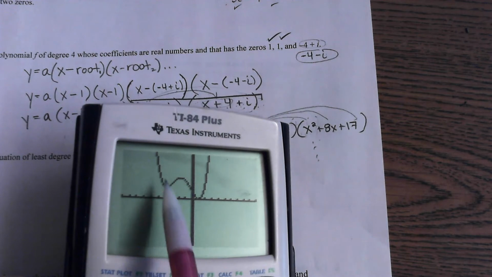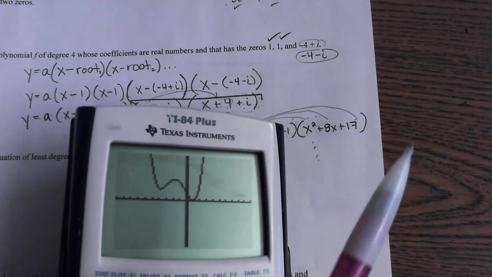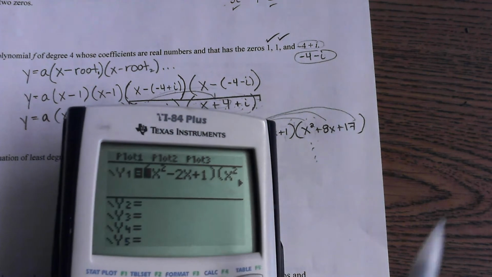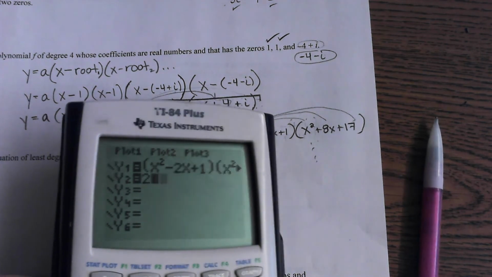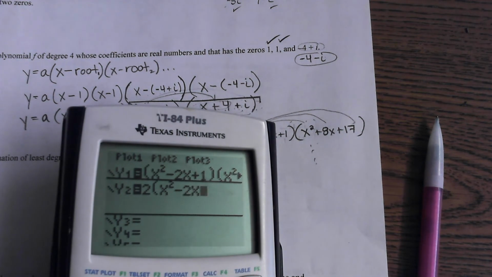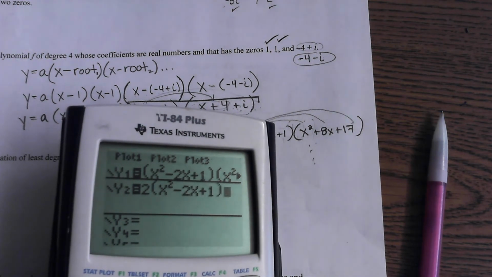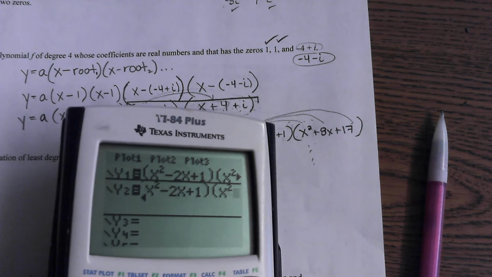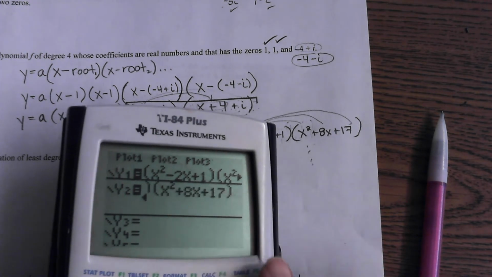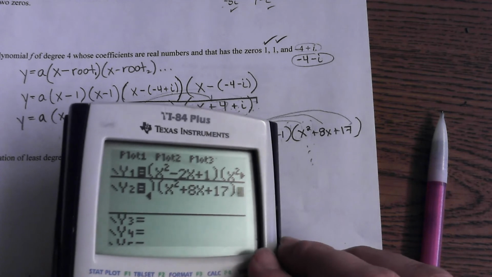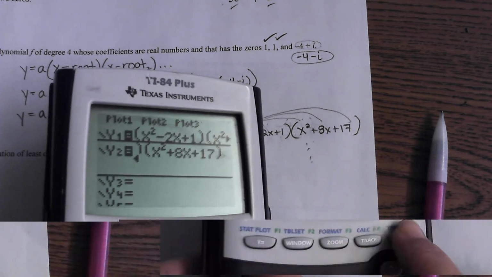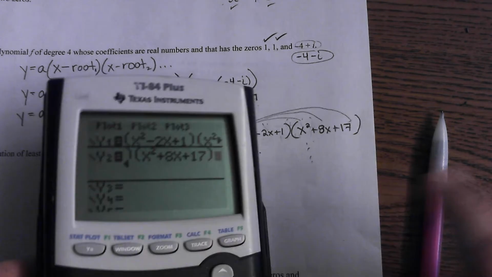Now, I plugged this into my calculator with an a value technically of 1. If I change that and put an a value of 2, how do you think that would change the look of the graph? Any guesses? A multiplier of 2 out in front is a vertical stretch, right?